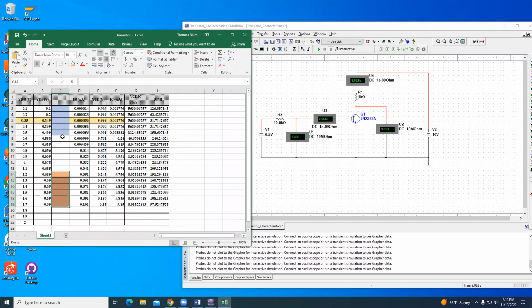We see in this transitional region a fairly consistent ratio of those two currents. So there is a way to use a transistor to amplify a circuit.